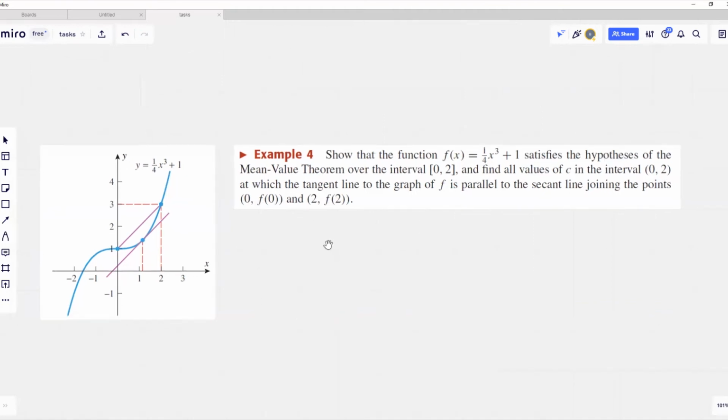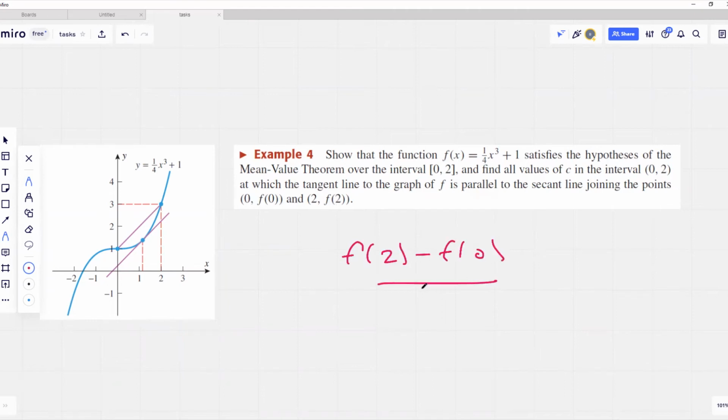So first of all, let's try to find the slope of the secant line joining these 2 points. The slope of the secant line is then equal to f at 2 minus f at 0, divided over 2 minus 0. The value of the function at point 2 is equal to 2 plus 1. At 0 it is equal to 1.